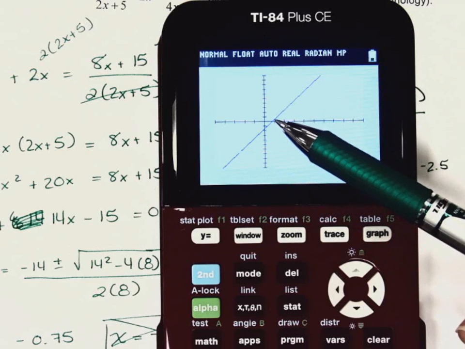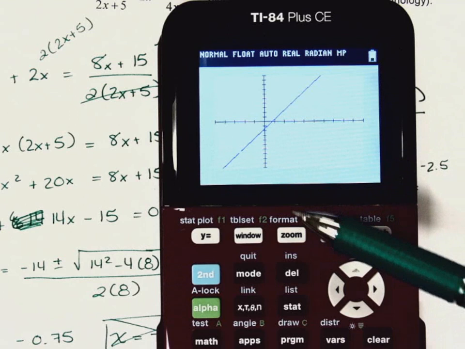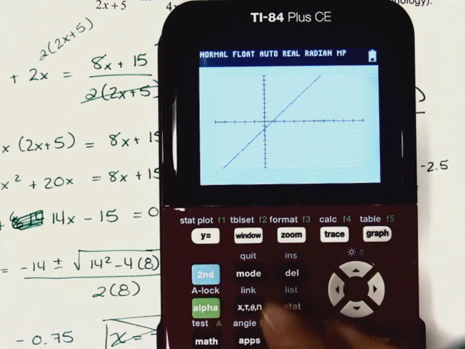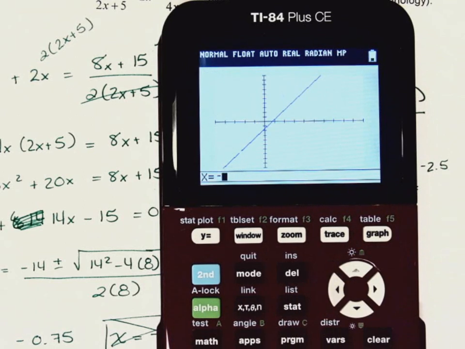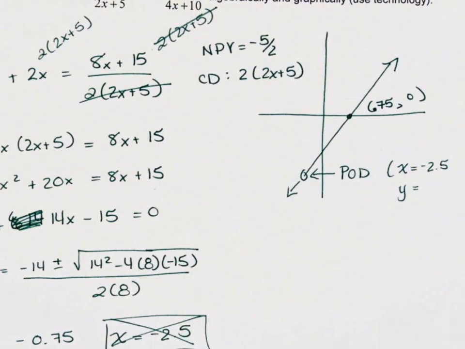And then if I solve for my x-intercept, that happens at 0.75. So the graphing calculator, even if I were to put negative 2.5 in there, won't show me a y. It will say it doesn't exist. Even though I'm trying to force it to tell me what the y is, it won't. So there we are, ladies and gentlemen.